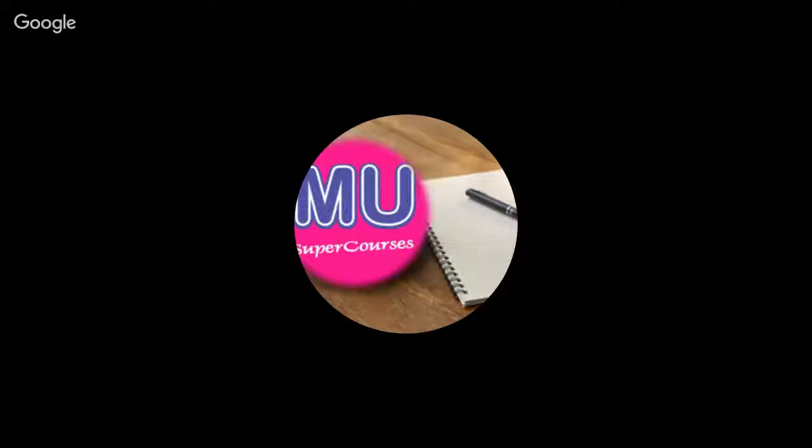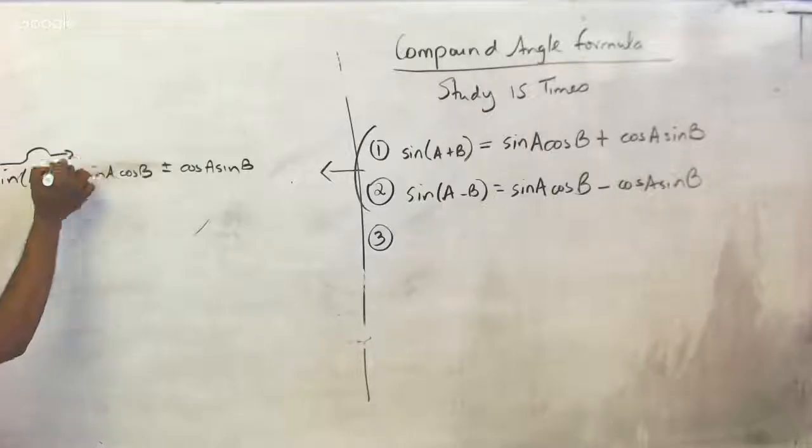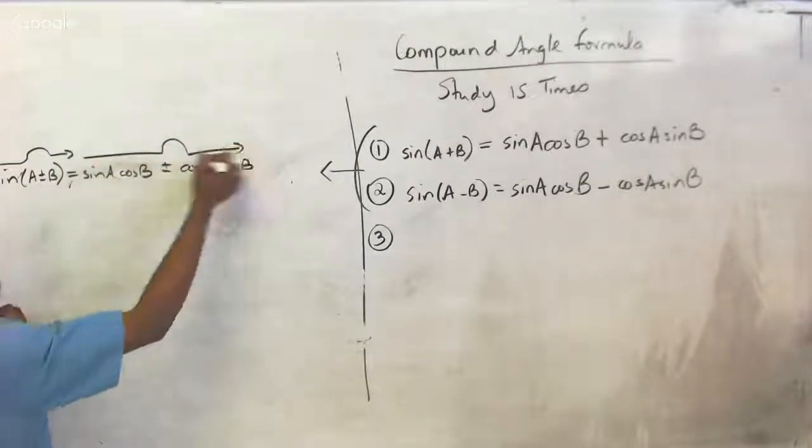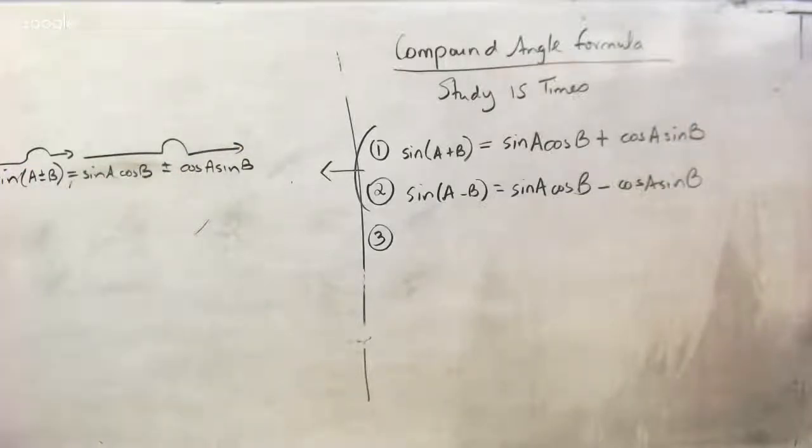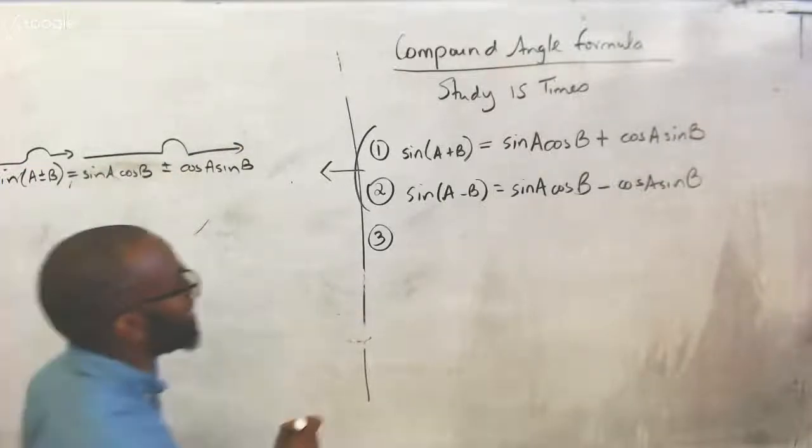Well, if I had plus, I read up top. That means I need to read up top over here, so you see that it will pick up plus. That's how you read it, right?